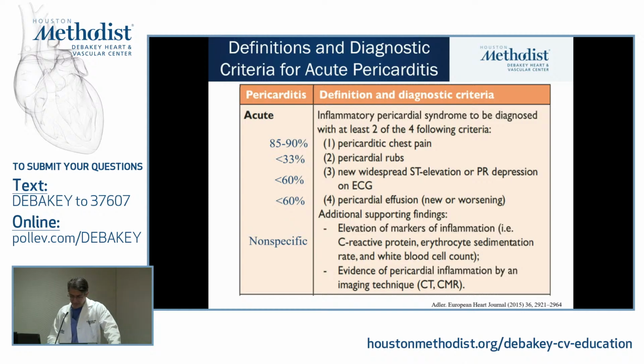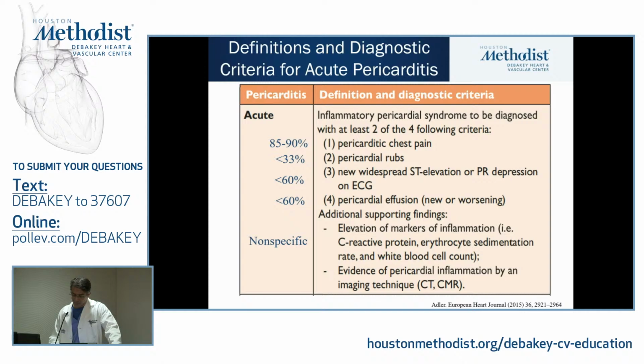As you know, the ESC have criteria in order to make the diagnosis: you have to have 2 of the following 4 criteria. The 4 criteria are typical pericarditis chest pain. Maybe you'll hear a pericardial rub. You'll look for widespread ST elevation or PR depressions, similar to what we had seen previously on an EKG, and look for pericardial effusion.